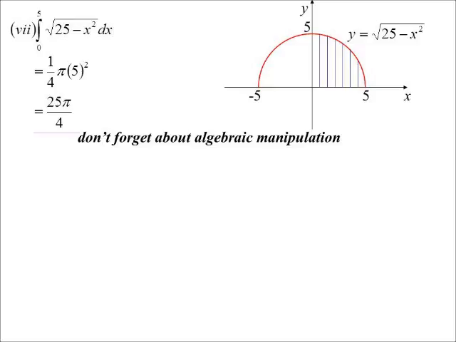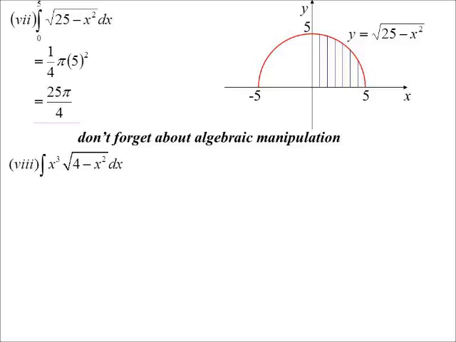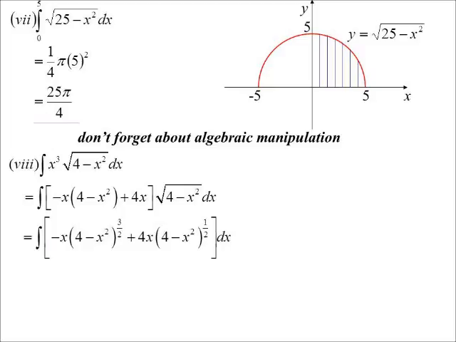Don't forget algebraic manipulation. Oh, watch this. x cubed times the square root of 4 minus x squared. You're going to like this. I'll just rewrite that. Okay. Oh, yeah. Why? Because now I split it into 2 integrals.